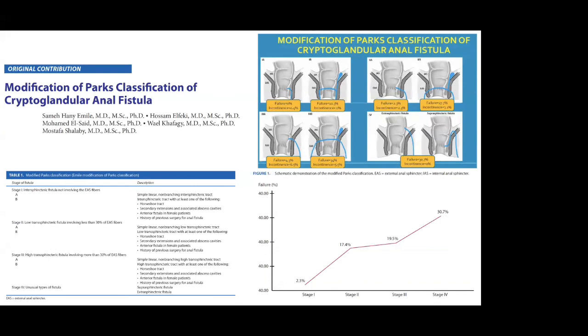They divided transsphincteric fistulas into 2 groups, high or low, and they grouped together the suprasphincteric and the extrasphincteric. The first 3 stages were subdivided according to the absence or presence, as you can see in the table, of predictors of failure. Conversely, stage 4 are suprasphincteric and extrasphincteric fistulas.